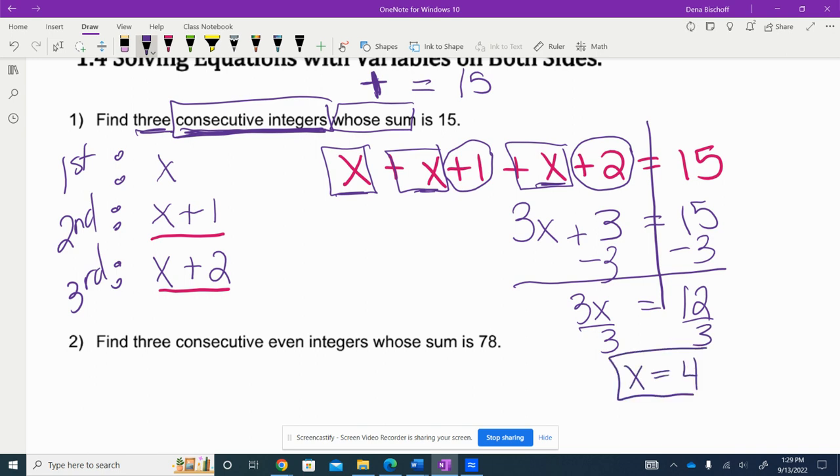Now we're not done yet. Once we find out that x equals 4, we're not finished. We have to go up and put that into our little expressions here. So if x equals 4, what is the next integer? What is 4 plus 1? Tyler. And if x equals 4, what is the third integer? Or 4 plus 2? Go ahead, Tyler. Good job.